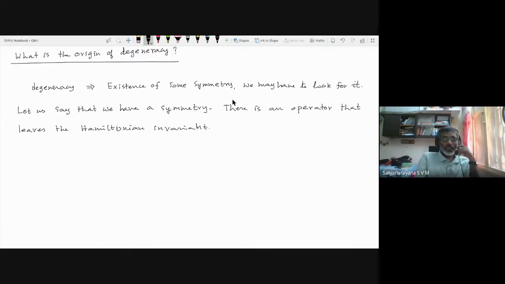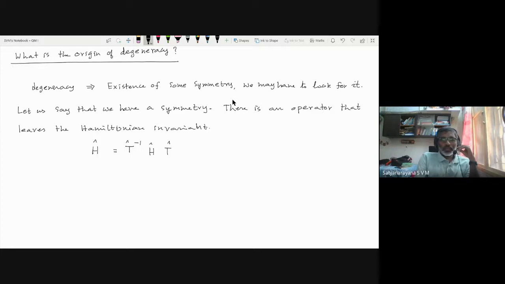So let's say that I have a Hamiltonian, and then there is some transformation operator, which I will call T, and T inverse H T. This is the transformation. Anytime you say that the Hamiltonian is transformed, it is this one, and that should leave the Hamiltonian invariant. Upon transformation, you will get the same Hamiltonian.